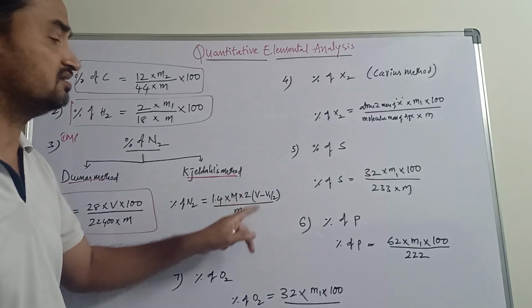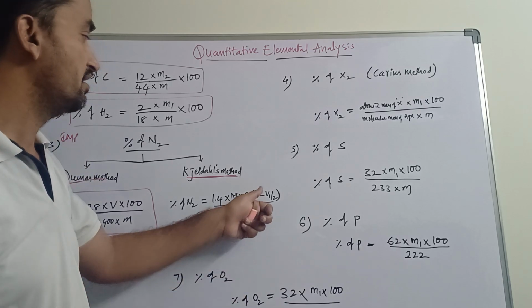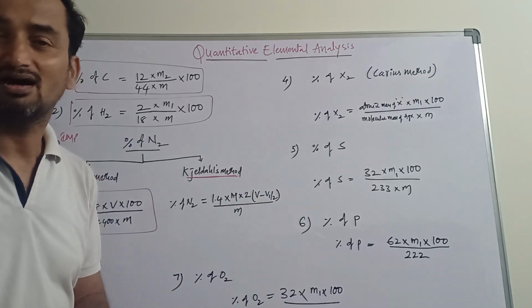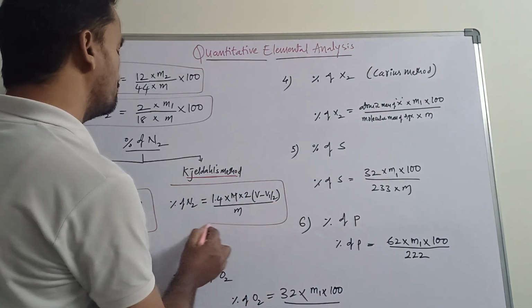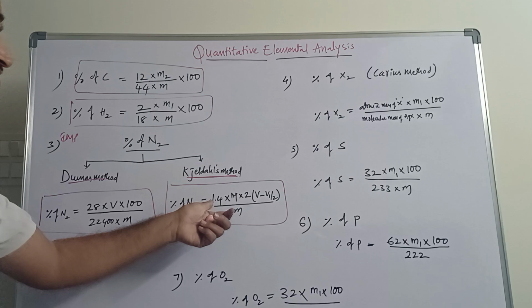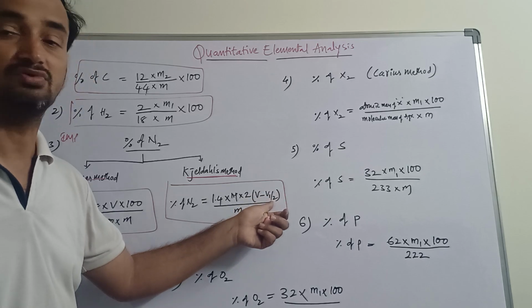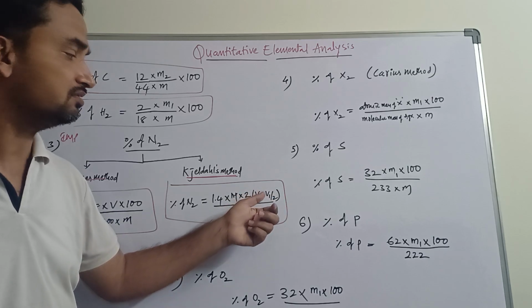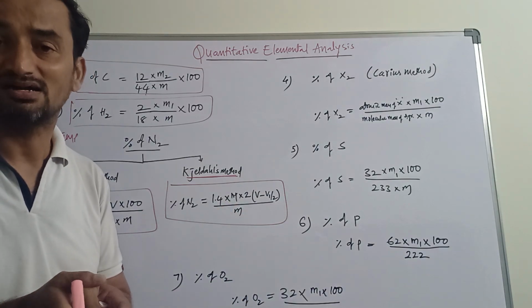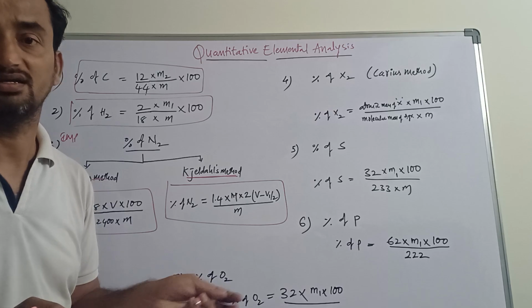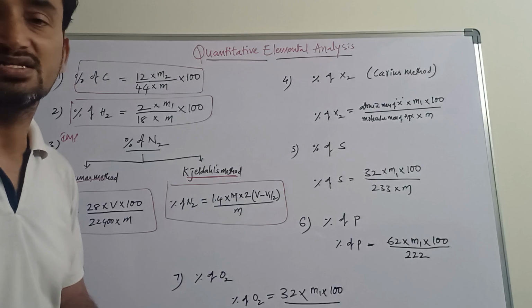Here V is the volume of sulfuric acid and V1 is the volume of NaOH, divided by the mass of the organic compound taken.